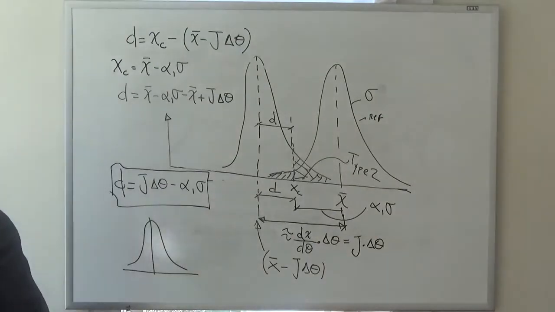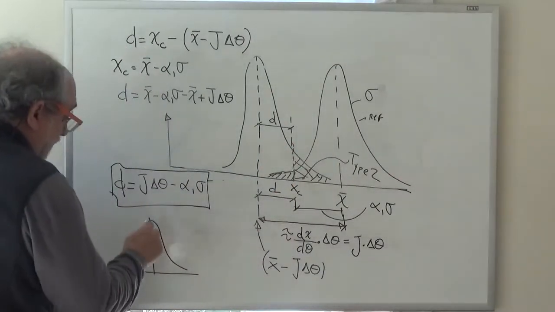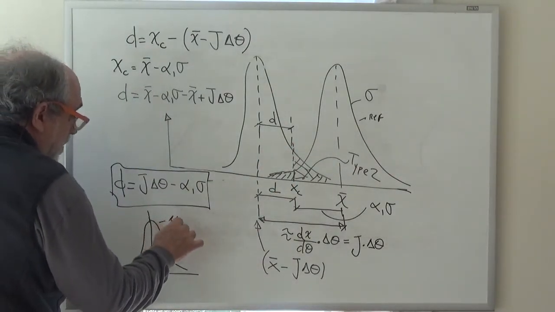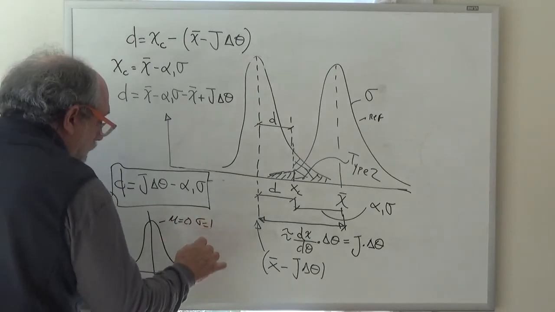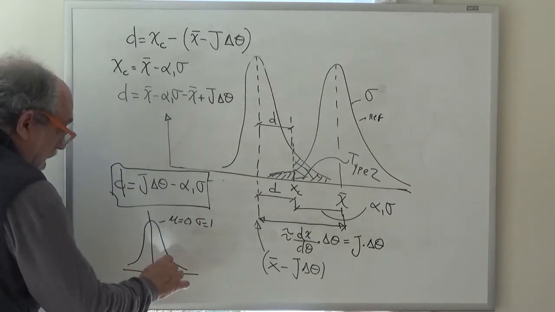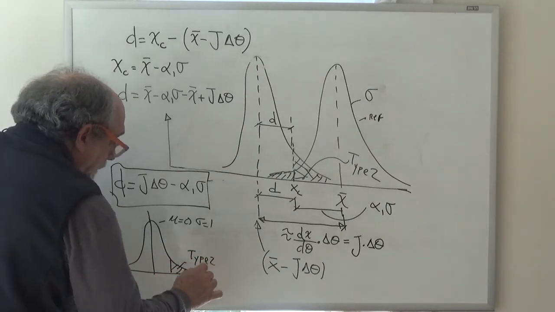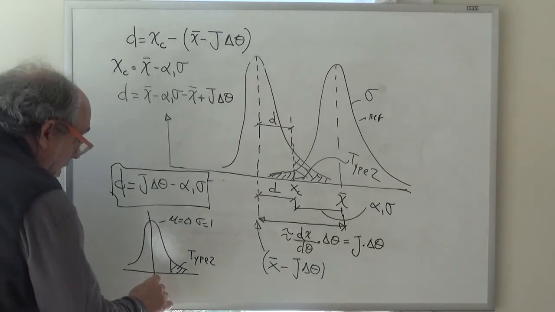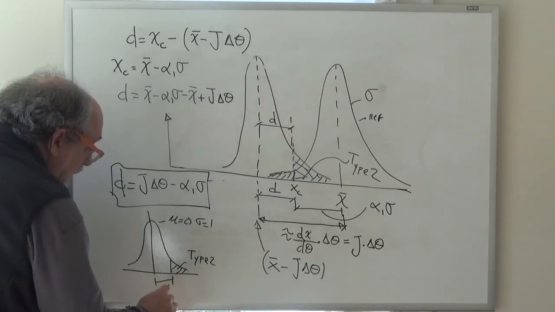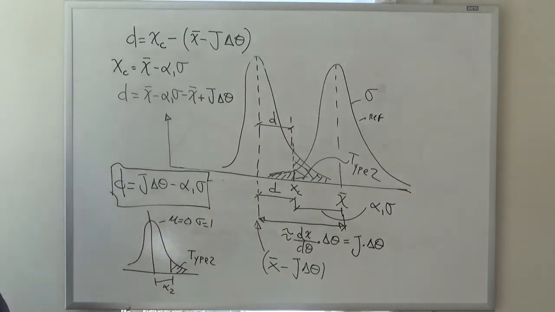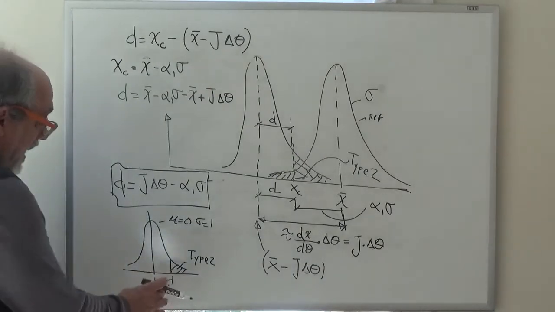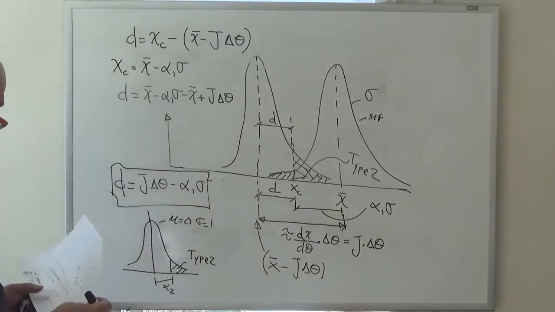That's the area to the right of xc in the damage distribution, that's the type 2. So imagine that I come here where the mean is 0 and the standard deviation is 1, and I say, okay, this is the type 2. What is the relationship between this and type 2?